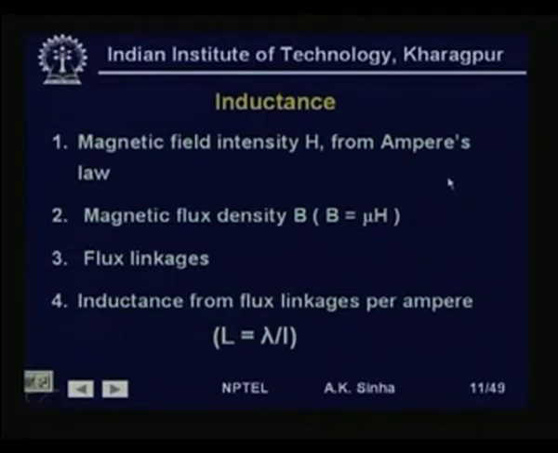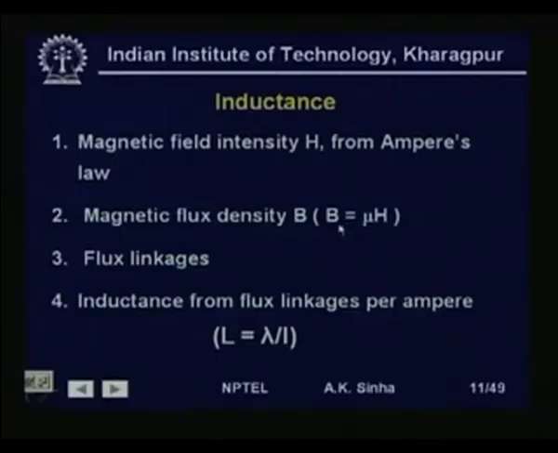Then we calculate the magnetic flux density B is equal to mu H. So, once we have calculated H, knowing mu, in the case of non-magnetic conductors like aluminum or copper, mu is the same as mu 0, that is 4 pi into 10 to the power minus 7. Using that we can calculate the flux density, and from the flux density we can calculate the flux and the flux linkages, and then we can calculate inductance from the flux linkages by L is equal to lambda by I, flux linkage per unit current.